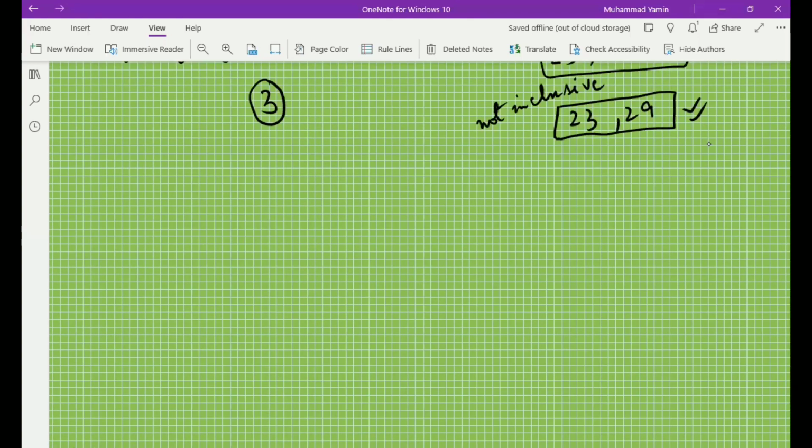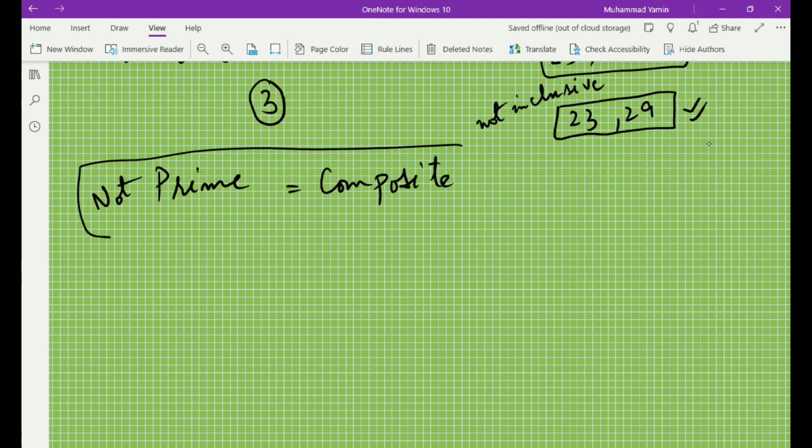If the numbers are not prime, then they are composite. But normally you don't get questions on composite numbers. So you just know the meaning or the definition of it: the composite numbers are those numbers which are not prime numbers.